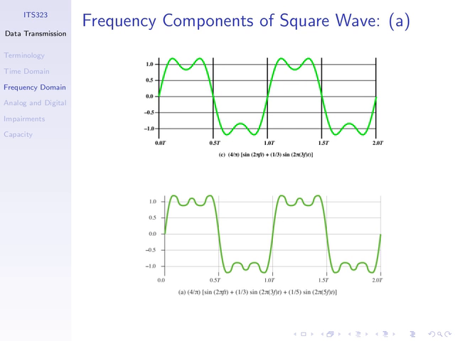In other words, the frequency of the resulting signal is 2 megahertz. The first component is 2 megahertz. The second component is 3 times 2 megahertz. Because they're all integer multiples of 2 megahertz, 1 times 2, 3 times 2, the resulting frequency is 2 megahertz.